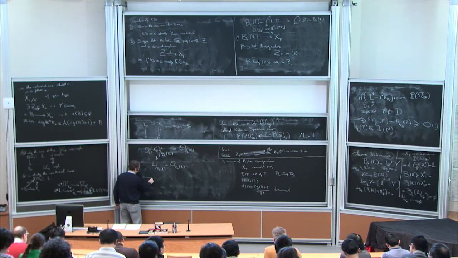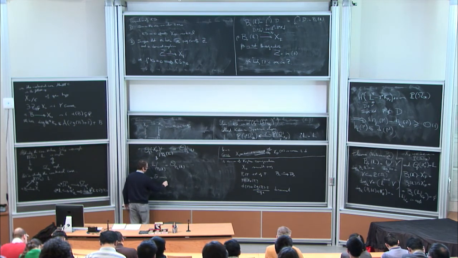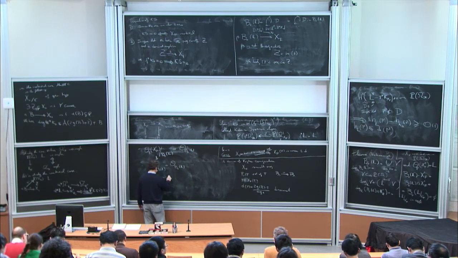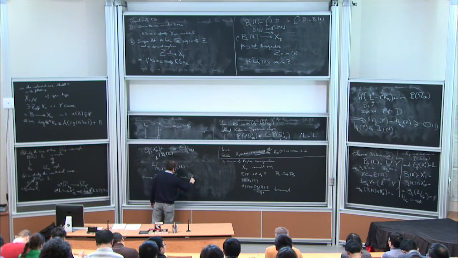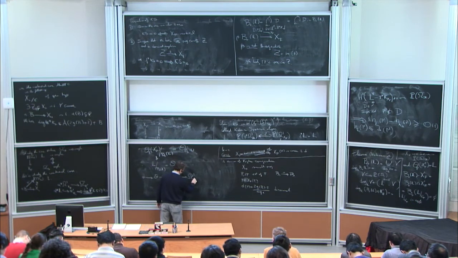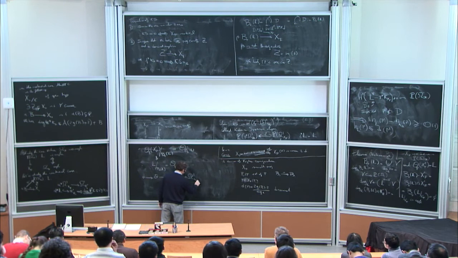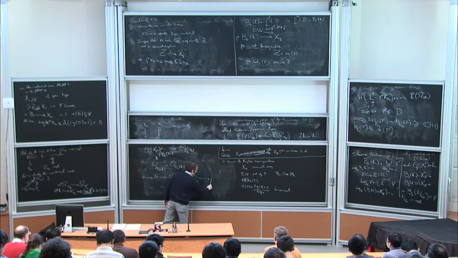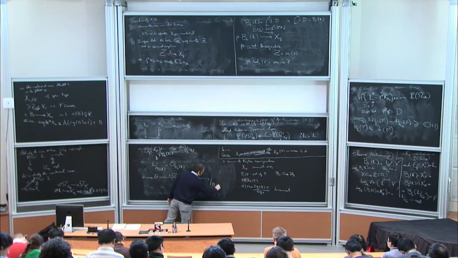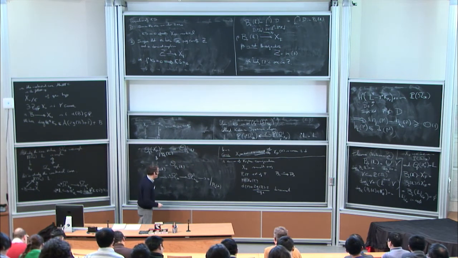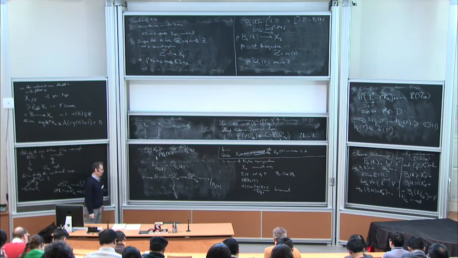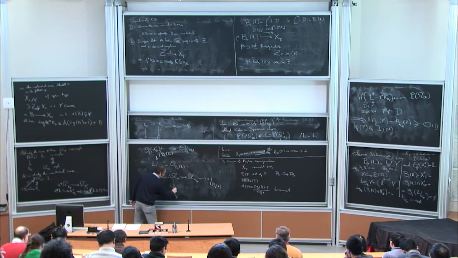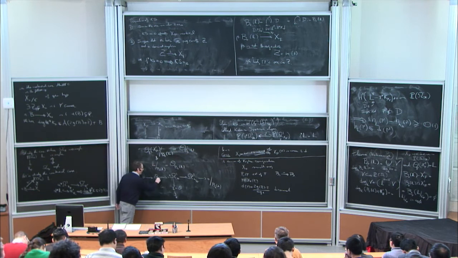Now I look at the exact sequence. I restrict it to B plus, and since B plus is contained in the projectivization of this, I have here a quotient which is L. But this is O. So I have a map like this.